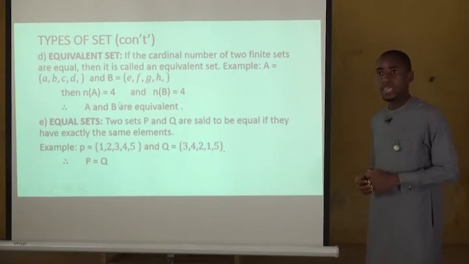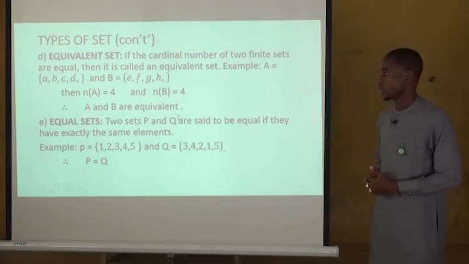Therefore, the cardinal number of set A is 4, and the cardinal number of set B is also 4. Therefore, A and B are equivalent.